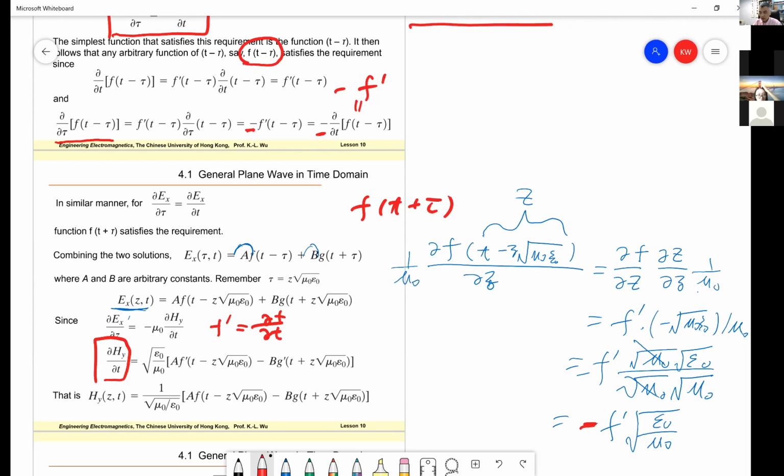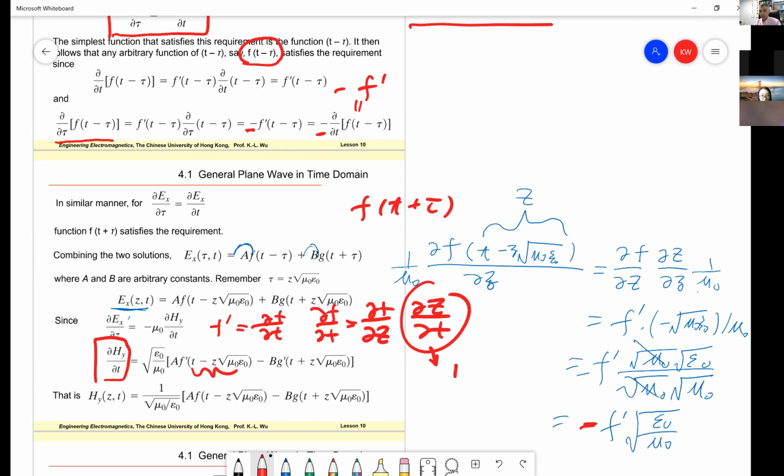You see, because it is exactly the same. If I take partial f partial t, how I do it is partial f partial z, then partial z partial t, and this equals 1, because this is z.